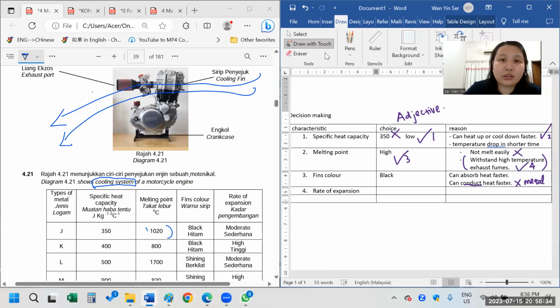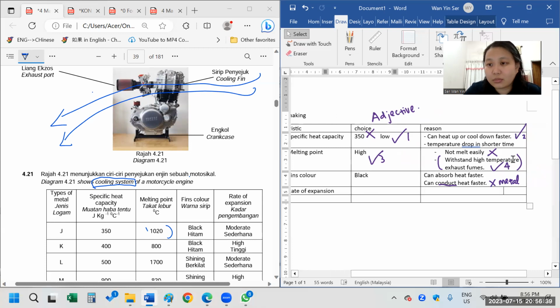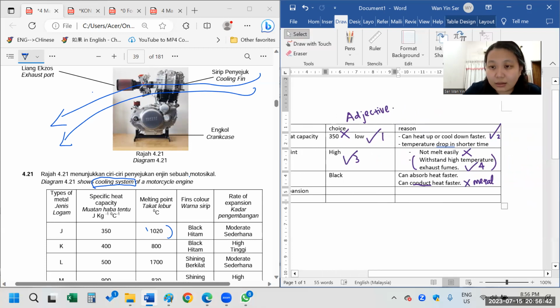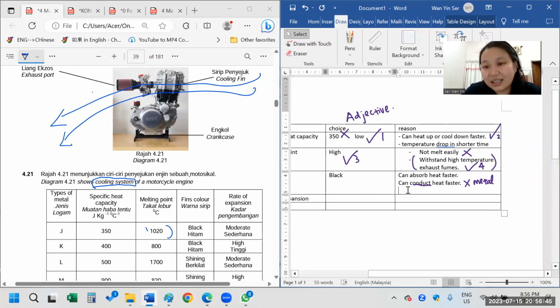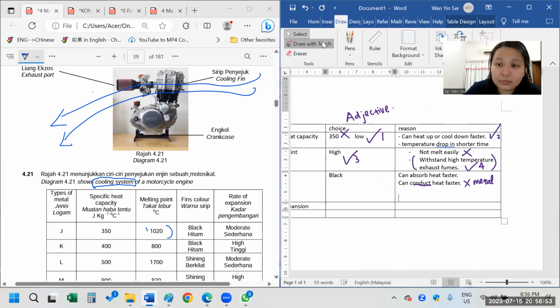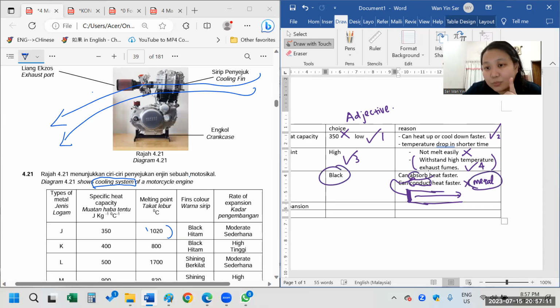Because what's the difference between conduct and absorb? Oh my God, I think today I cannot finish. Okay, absorb means the surface. Absorb heat, the surface absorb heat. Conduct means the heat goes through the whole conductor. Okay, so conduct is used for material. Color, we say absorb.